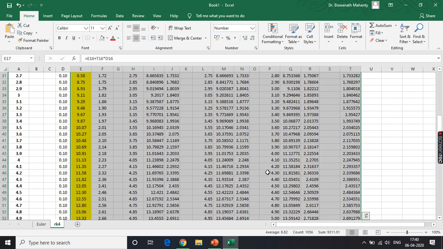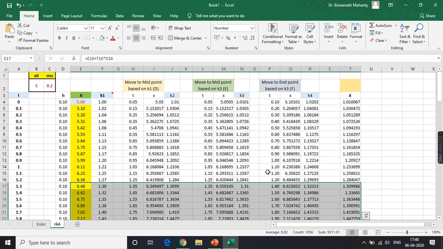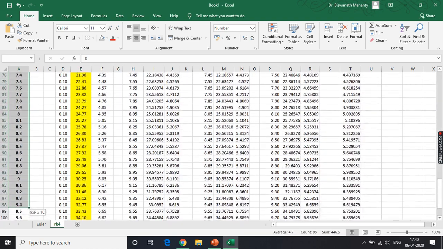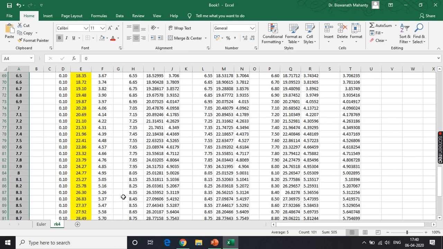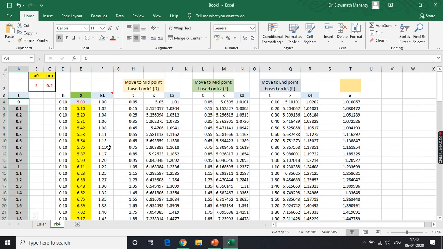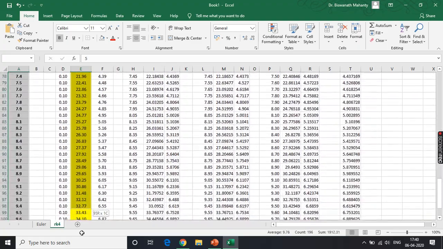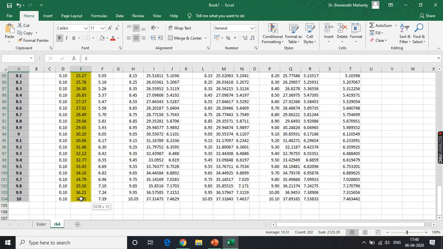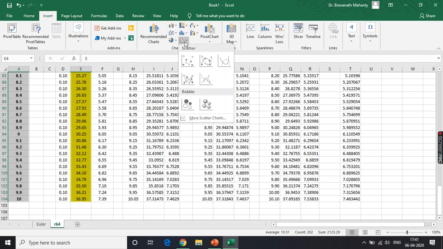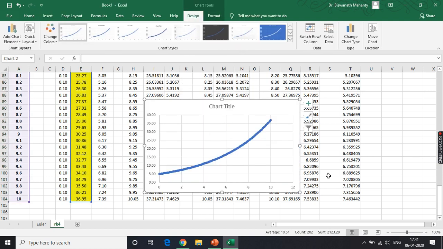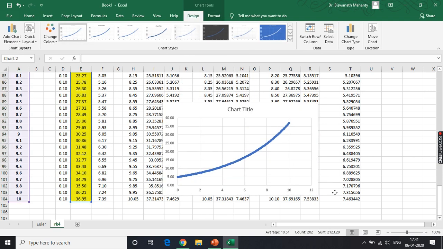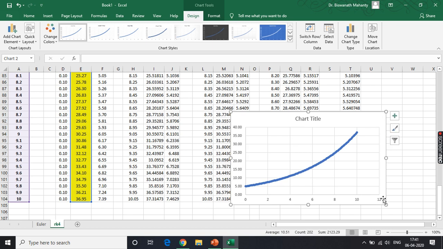So this is our solution for the Runge-Kutta based method, where this is my time value and this is the x value we are getting. This is the solution we are getting using Runge-Kutta methods.